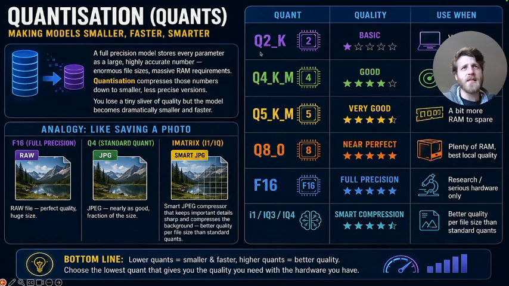So this is what the Qs mean. It means quantization. What does quants mean? Quantization, it means compression. And how does compression support large language models?